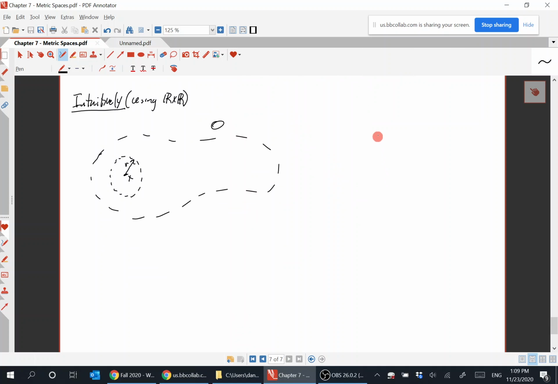So for example, the ball of radius R around x in any metric space is open. The open ball is open. Let us prove that the open ball around any x in a metric space is itself open.